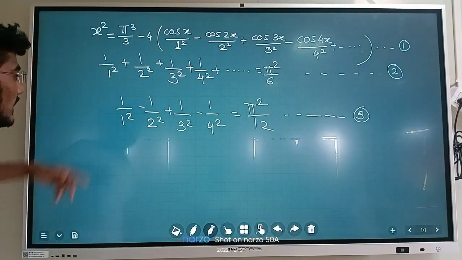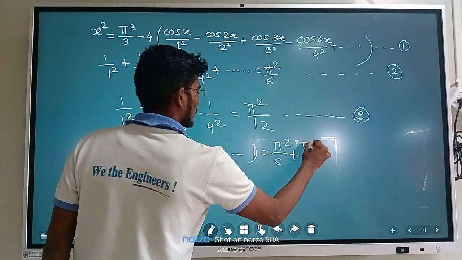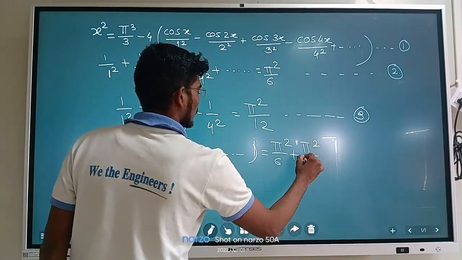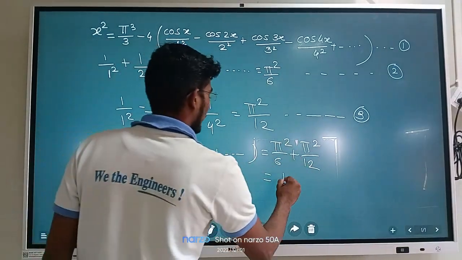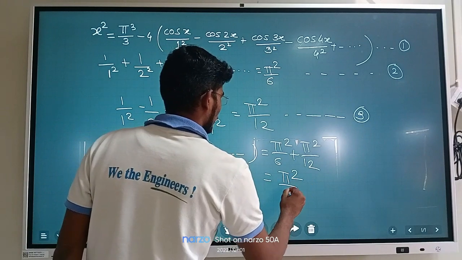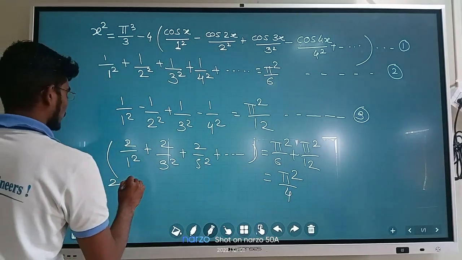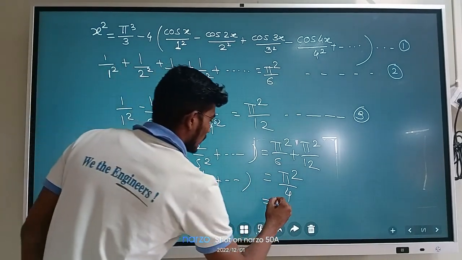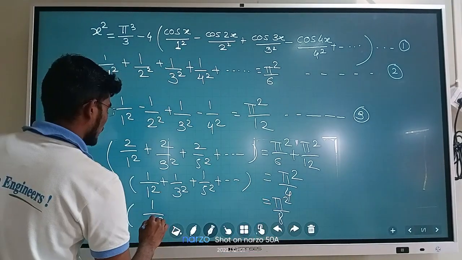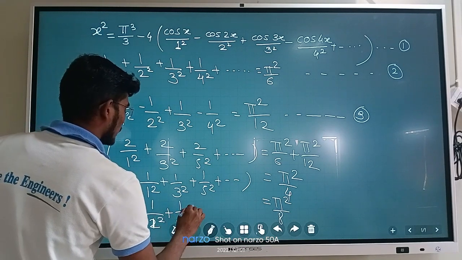When we add, the even terms are cancelled out, and we take 2 common out, so this 2 is divided here, and we get the required third result.